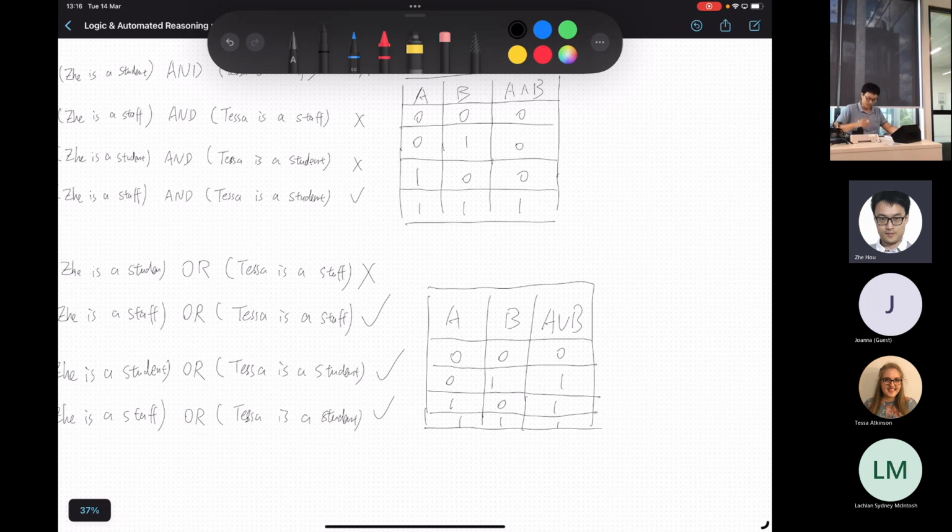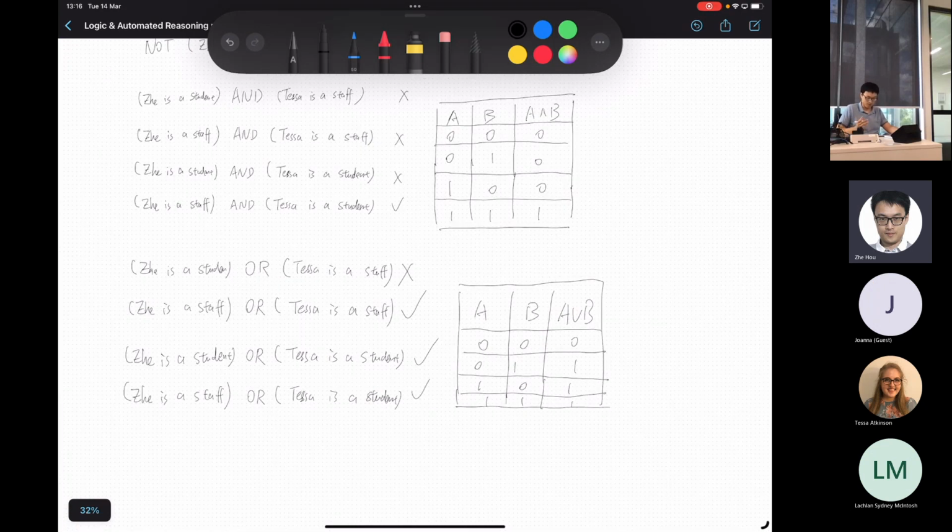Okay, so if you look at the truth tables, when we have a conjunction of two statements, the conjunction is only true when both statements are true. Otherwise, it's false.